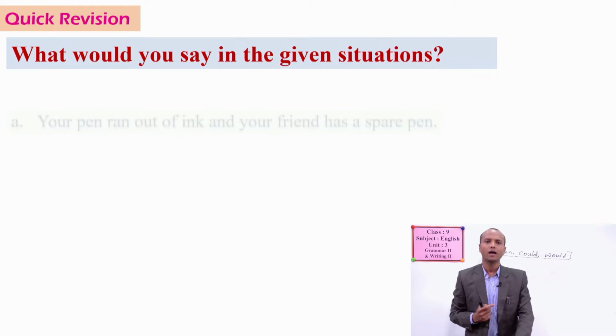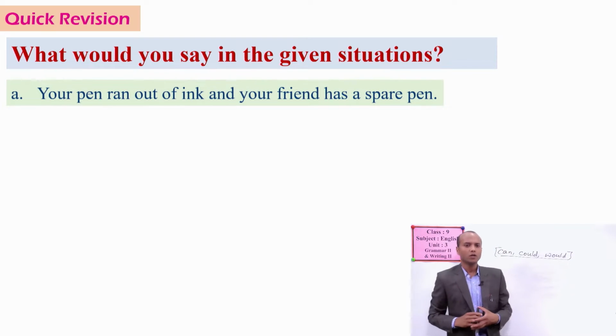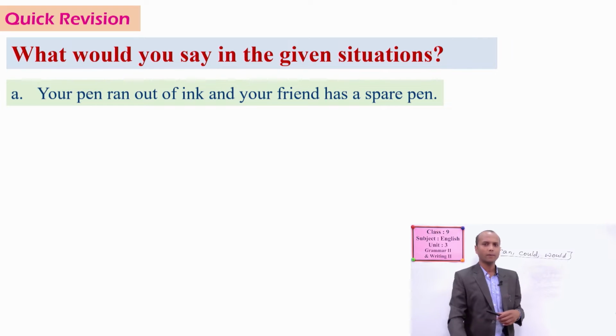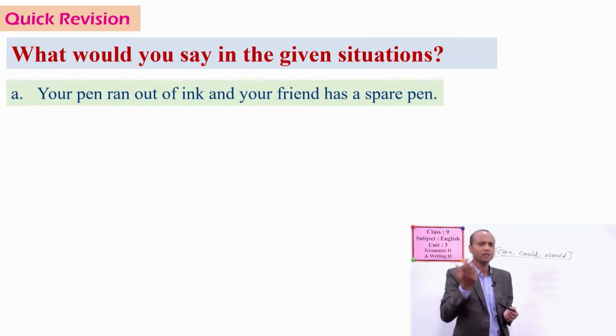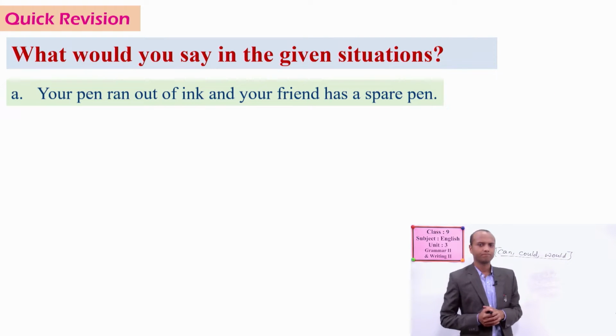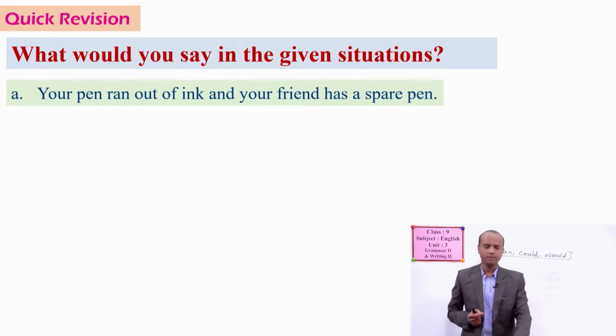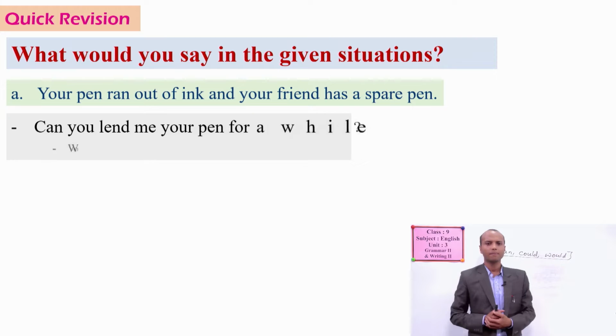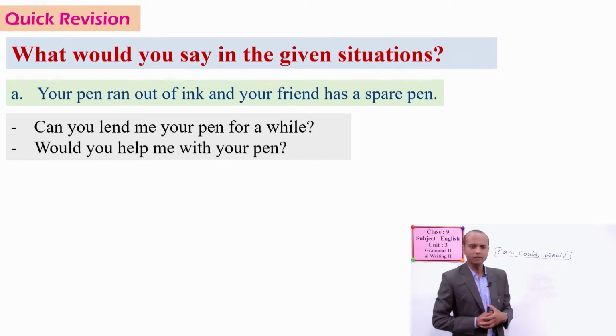The first one is, your pen ran out of ink and your friend has a spare pen. Spare means an extra. Your pen is not writing, but he or she has another pen. This is called a spare pen. So, what would you say in such a situation? Very good. Your sentences might be like this. Can you lend me your pen for a while?